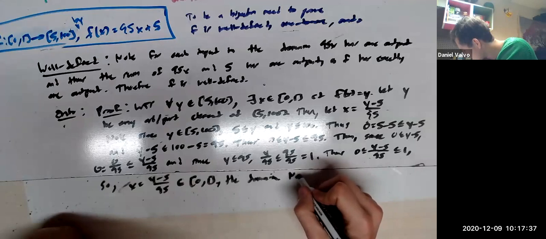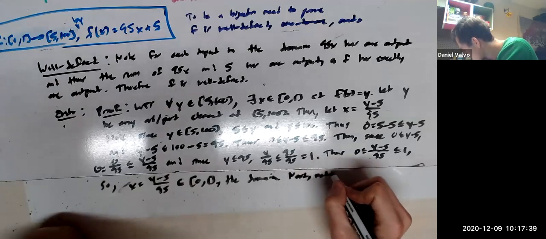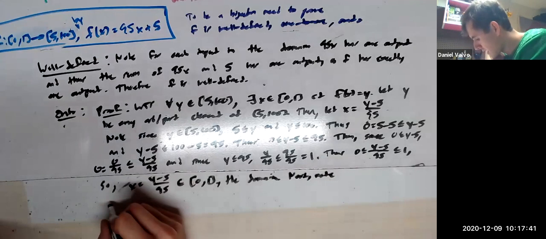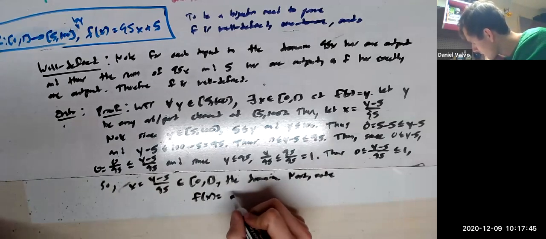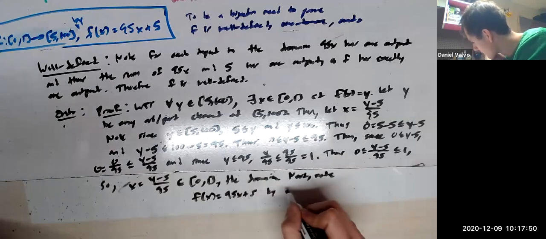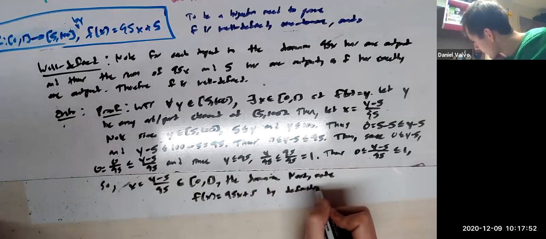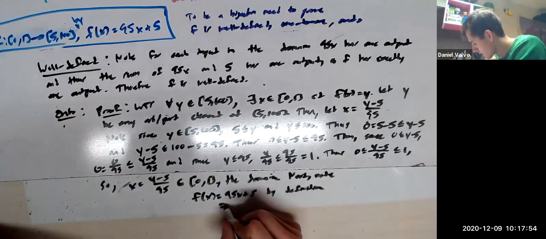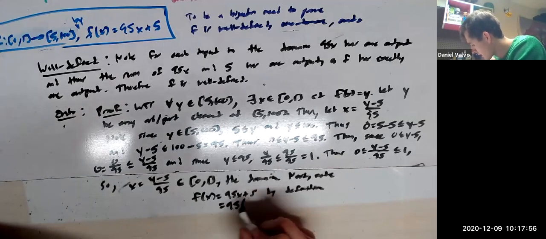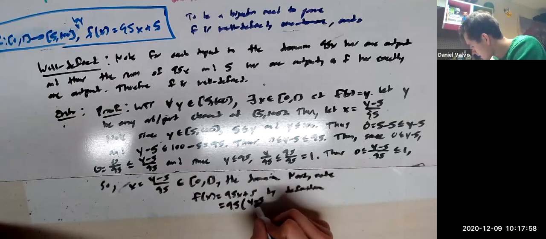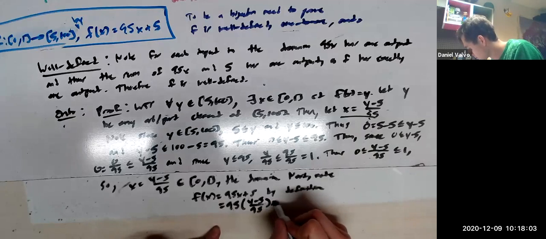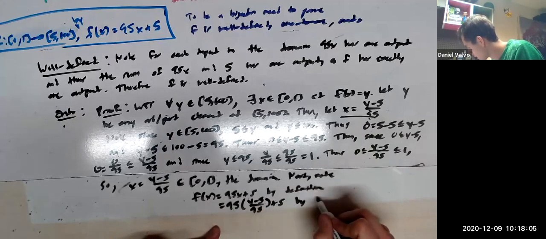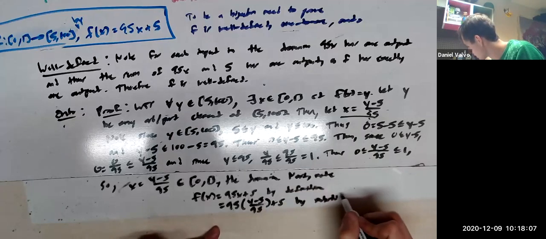Next, note that f of x will equal 95x plus 5 by definition, which will then equal 95 times y minus 5 over 95, because that's what we said x equals, plus 5, by substitution.